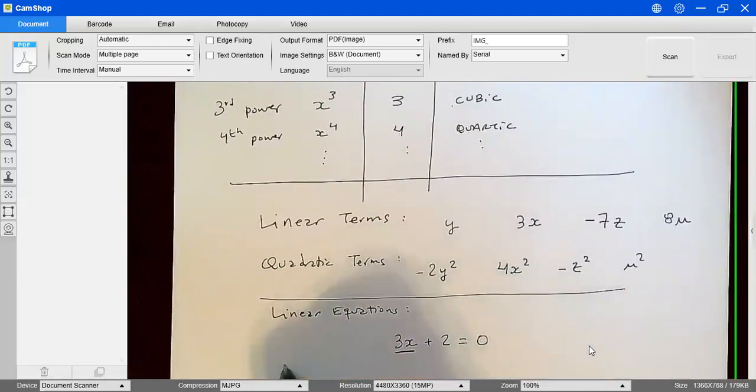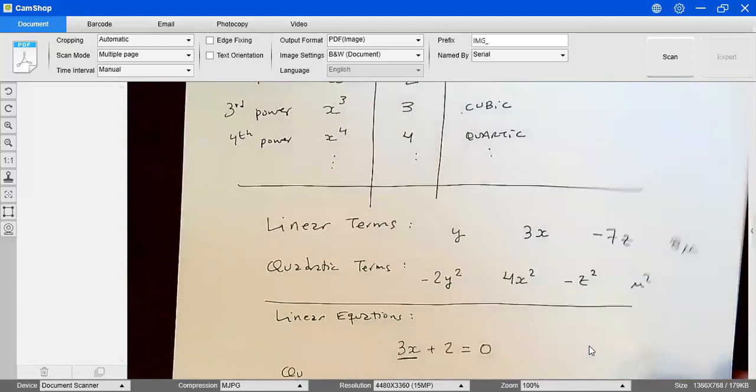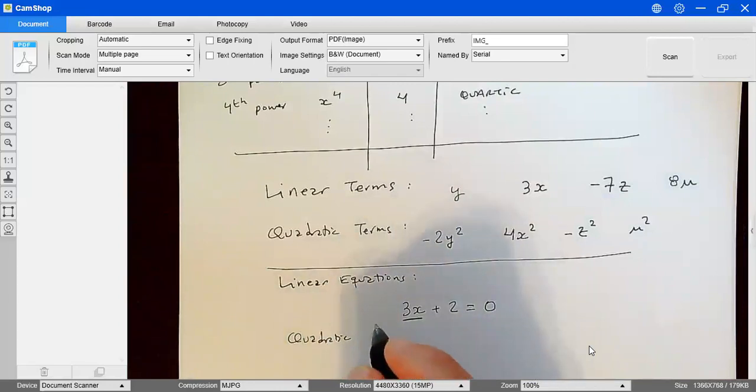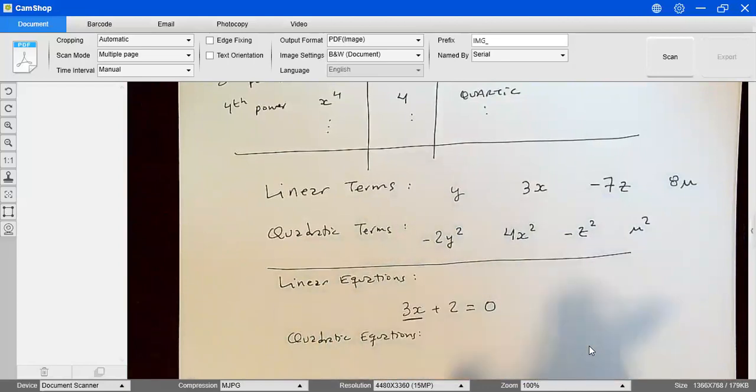You can have also quadratic equations. We're going to talk about quadratic equations at the last part of the semester. Quadratic equations have quadratic terms, but they also have linear terms, and also constant terms.